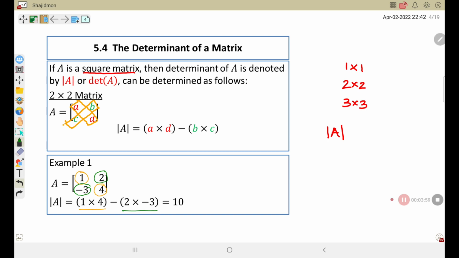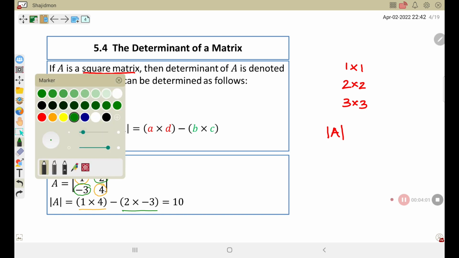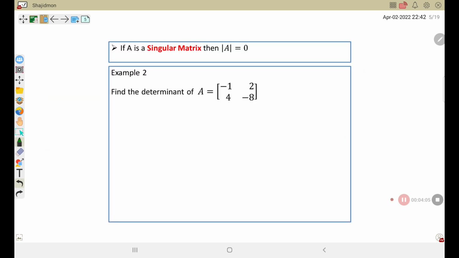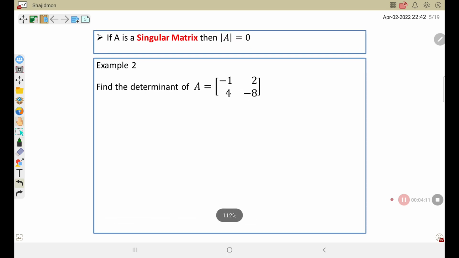Now we will do more examples so that it is clearer how we can find the determinant of a 2 by 2 matrix. Now you can see one example here, example 2. Find the determinant of A equal to minus 1, 2, 4 and minus 8. It is a 2 by 2 matrix because we have first row, second row, column number 1 and column number 2.